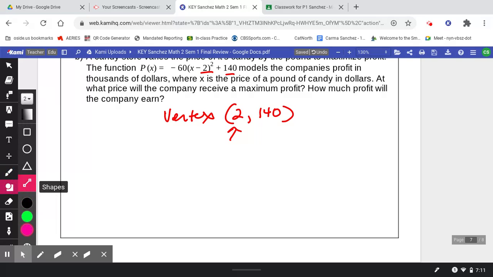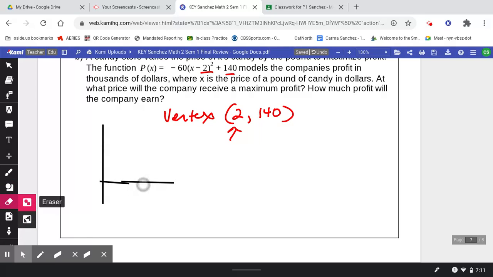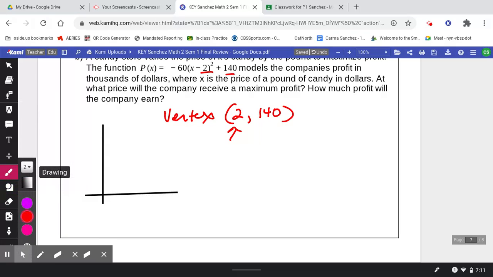So again, kind of picture here that you've got this graph of x and y. X is the price per pound of the candy, and then we've got profit again on the y.